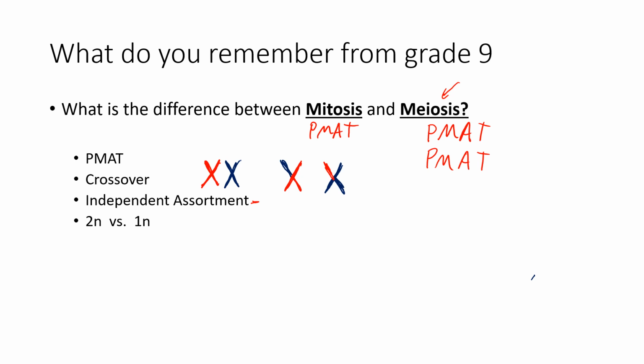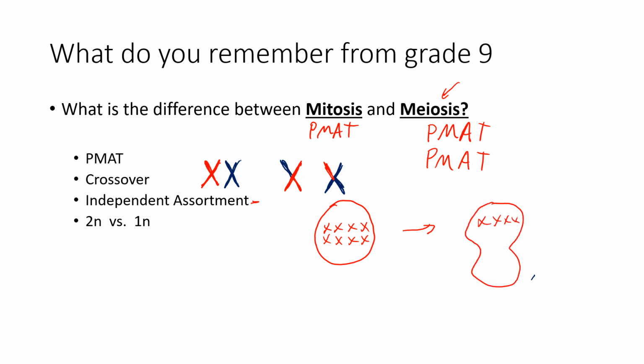During metaphase, independent assortment is when those chromosomes in metaphase 1 line up like this, and they get pulled apart to separate sides. The way they line up is random.